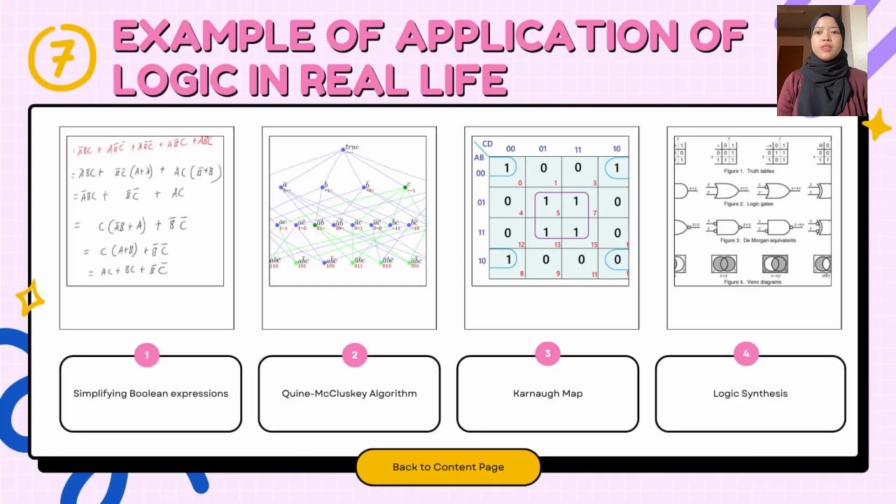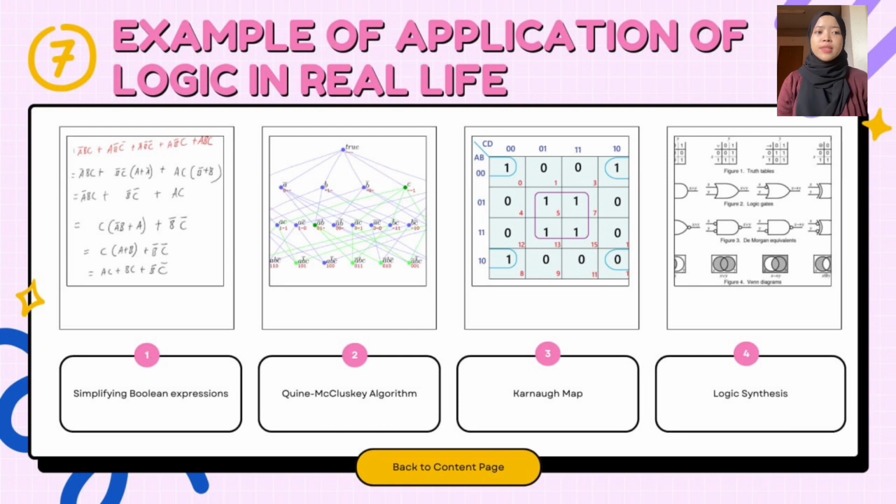These are examples of application of logic in real life. First, we have simplifying Boolean expressions. In digital electronics, Boolean expressions are used to represent the behavior of logic gates and circuits. Simplifying these expressions using Boolean algebra and logical identities can help to minimize the number of gates and reduce the complexity of a circuit.